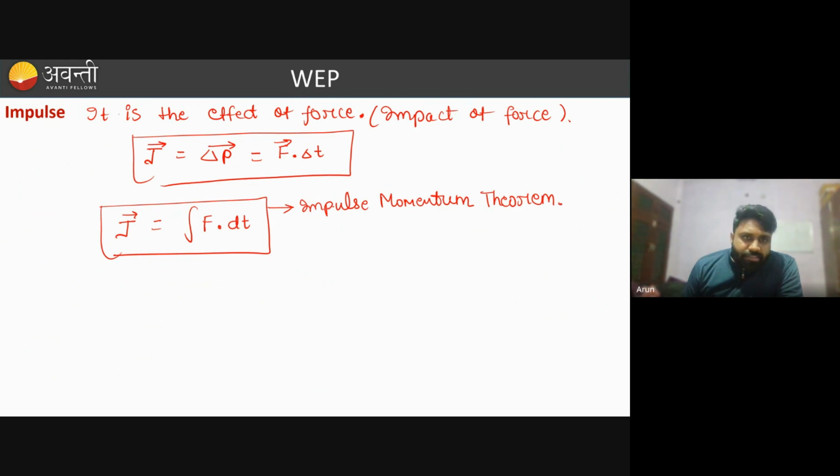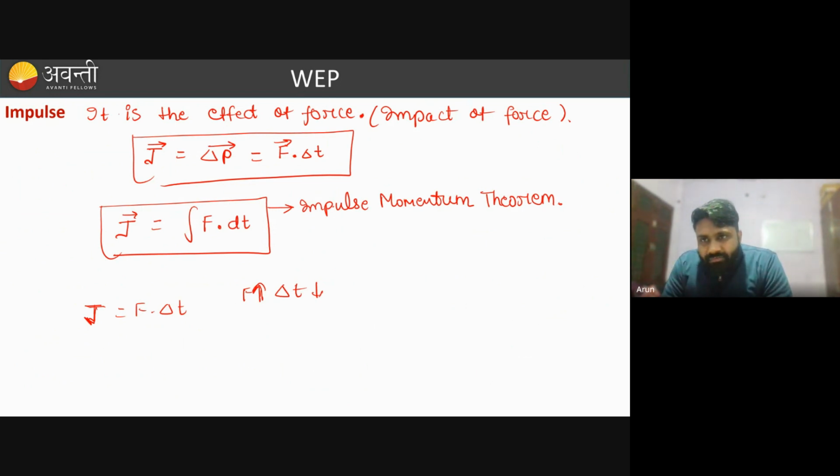So from the expression you can see J is equal to F into delta T. If delta T is very small and J is constant, the value of force should be very high, which means we have applied a force for a very short time, but the amount of force is too large.